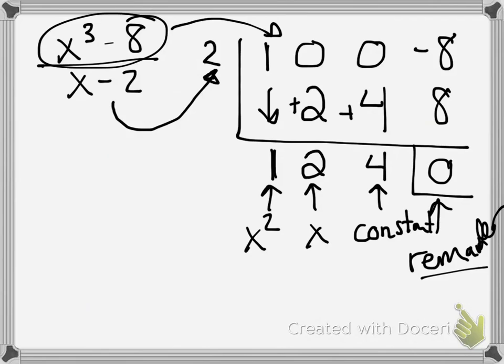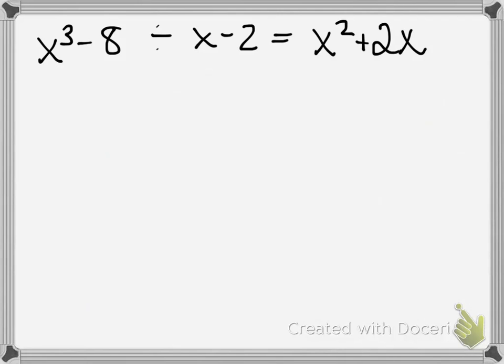Okay, so that tells me that this problem, x cubed minus 8 divided by x minus 2, is x squared plus 2x plus 4. So that helps me because I know that if I divide by x minus 2 and get this value, I can multiply this by x minus 2 and get back to x cubed minus 8.